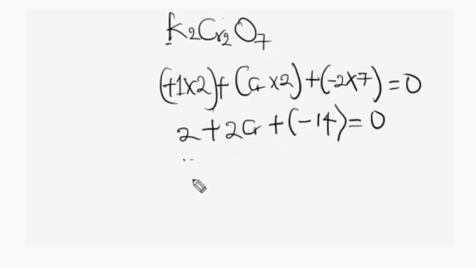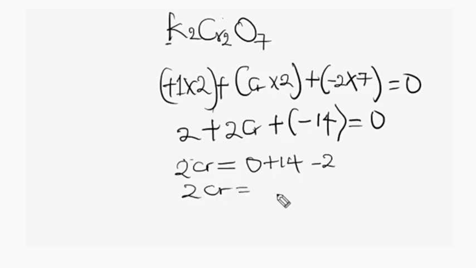So this will be 2Cr is equal to 0 plus 14 minus 2, and then 2Cr is going to be 12, and then Cr is going to be 12 over 2, and guys, that's 6 here.